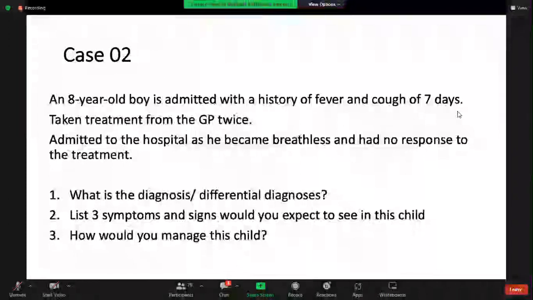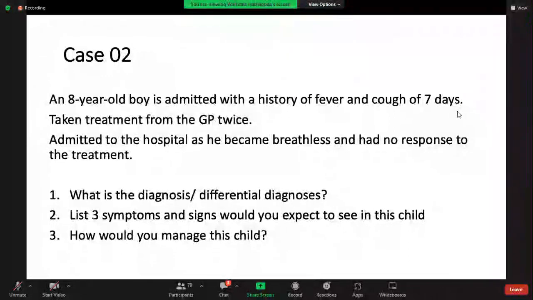Most of the time they will have a referred pain to the abdomen. So most of them can complain of abdominal pain, but actually it's a referred pain, right? That's why when you see a child with abdominal pain, lobar pneumonia should be one of your differentials. So it could be the other way around as well.